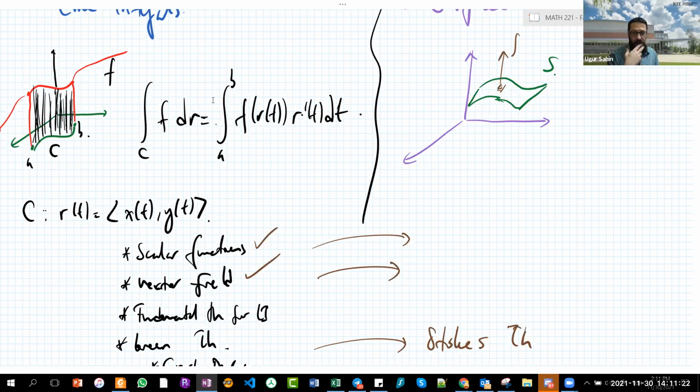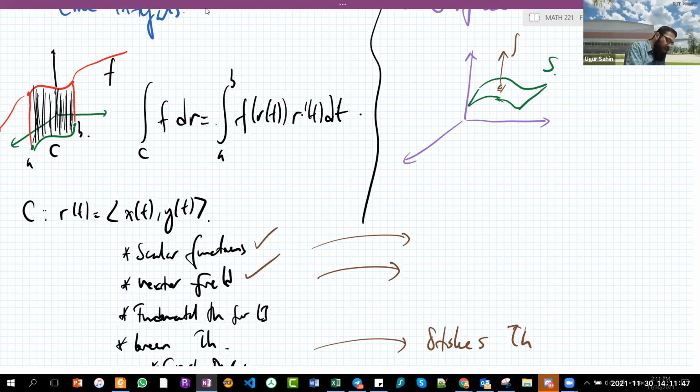If you want to understand the behavior of all these surfaces, of course different surfaces, under a vector field. What type of vector field? Like the heat field, like the pressure field, like the magnetism, like the electric field.